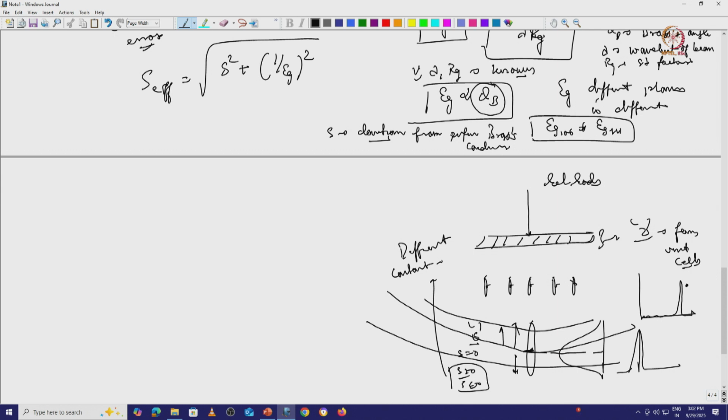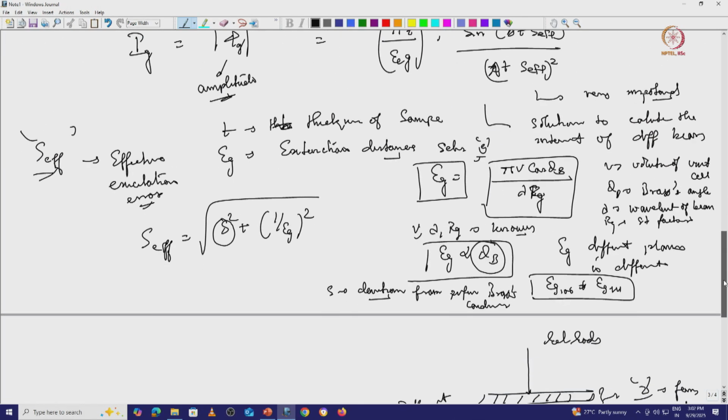Fine. So that particular S value is this particular term. Now here we can see that even though the Ewald sphere cuts the railroad exactly at the 0 position, means S equal to 0, your S effective is not equal to 0.